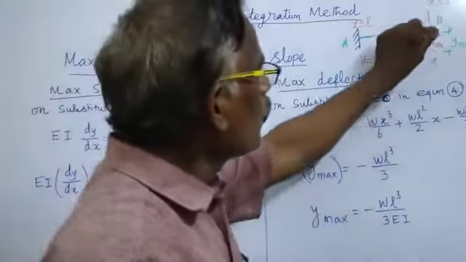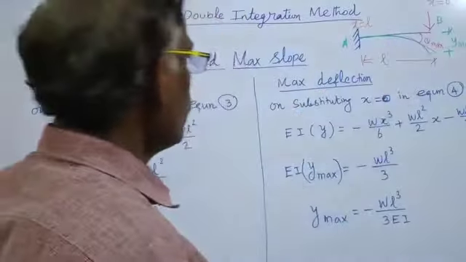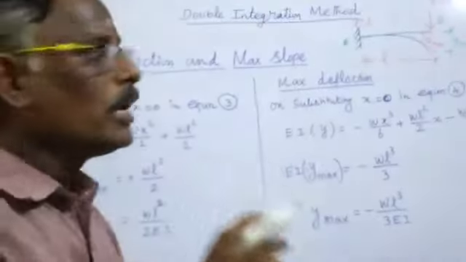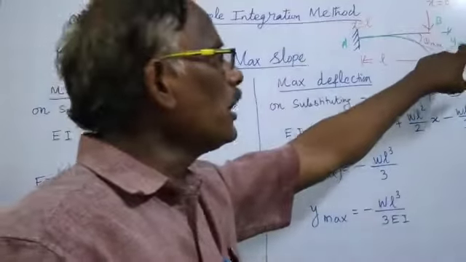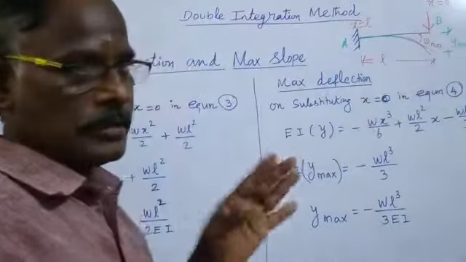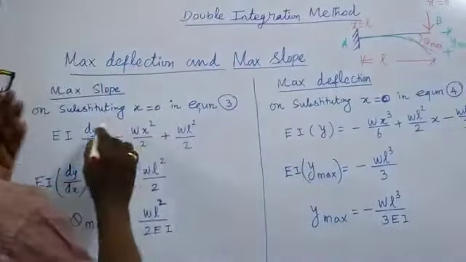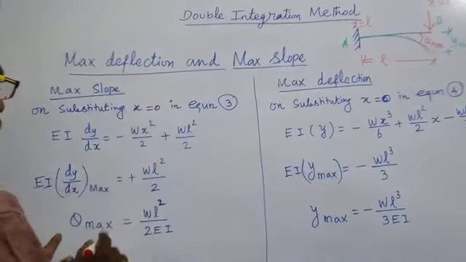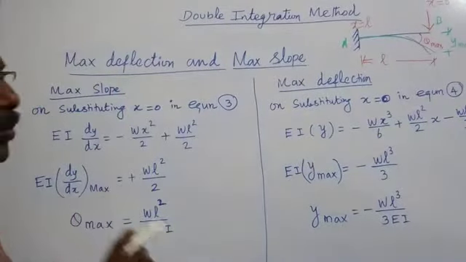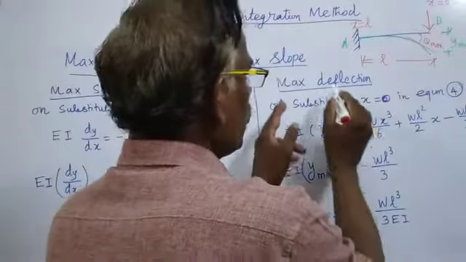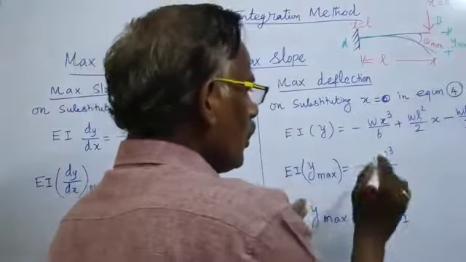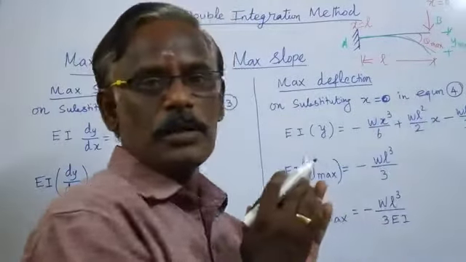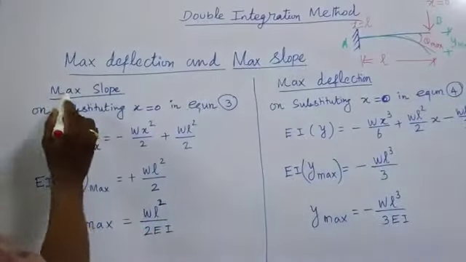If we put x equal to 0 in equations 3 and 4, we will get the corresponding y max and theta max. If you put x equal to 0 in the slope equation, you will get theta max, the maximum slope. If you put x equal to 0 in the deflection equation, equation 4, you will get maximum deflection.